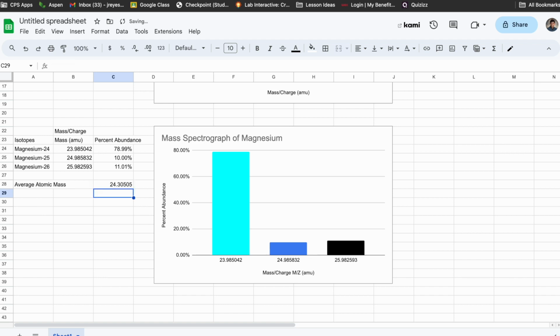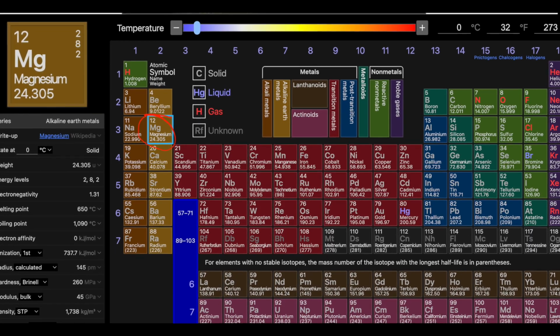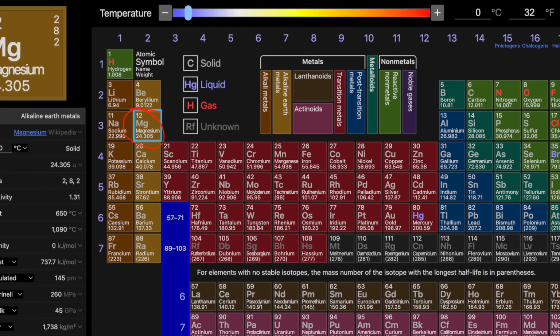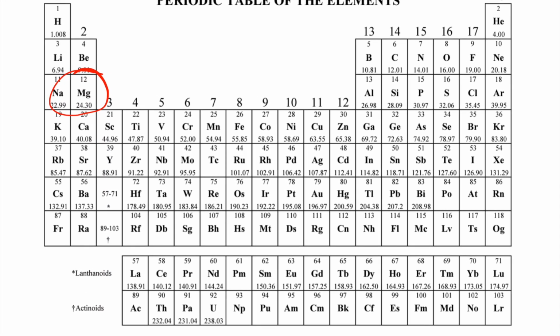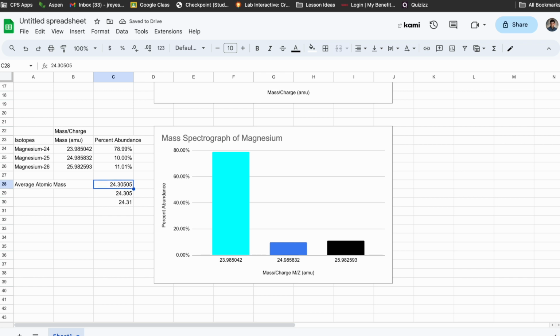Usually this will get shortened down to 24.305 or 24.31 when you round it. So it'll be somewhere in this range, right? And these will all be in AMUs. So that's exactly what we would expect, right?